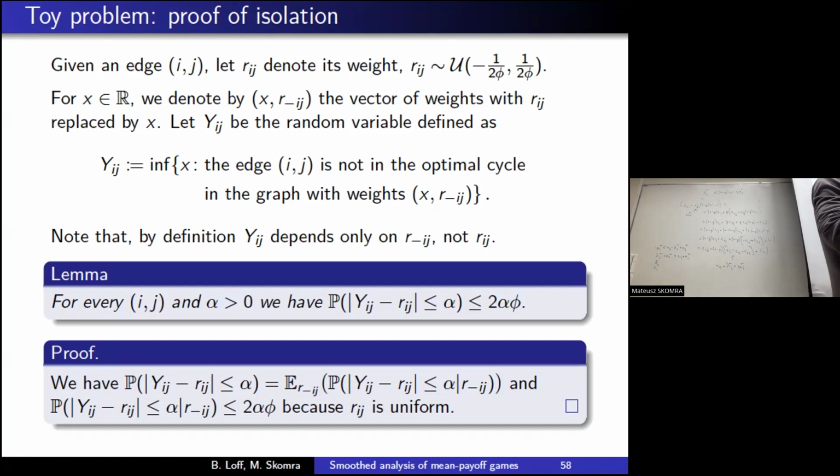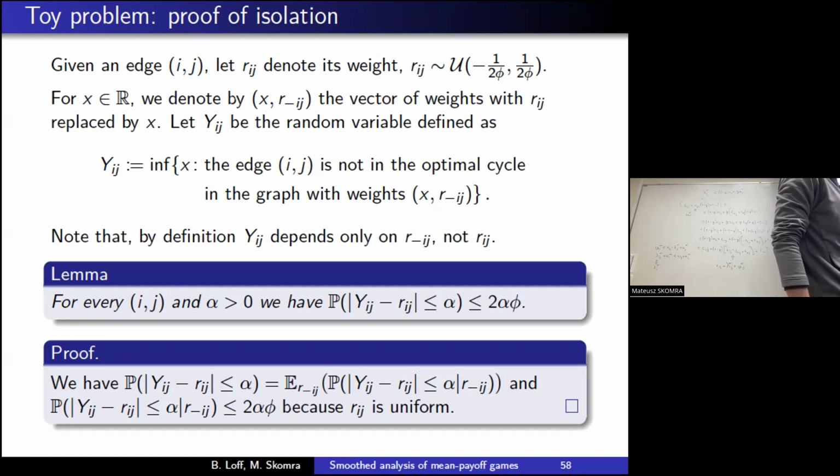But now here is the clever observation about this variable. It does not depend on the weight of the edge ij, just by definition, because it only depends on the other edges. So it is independent of R_ij.